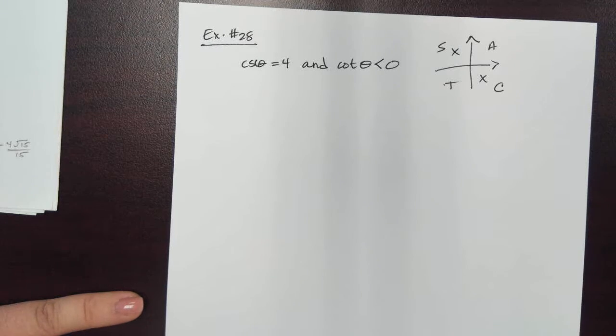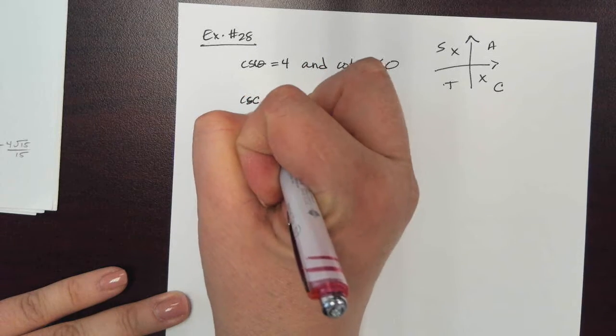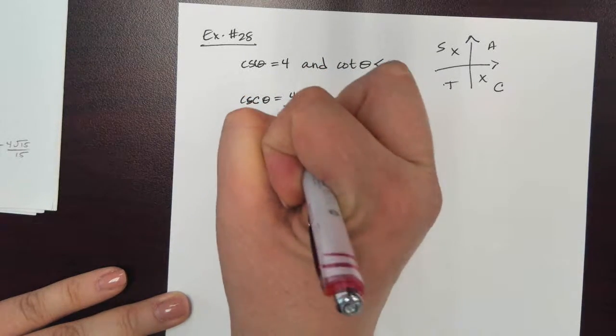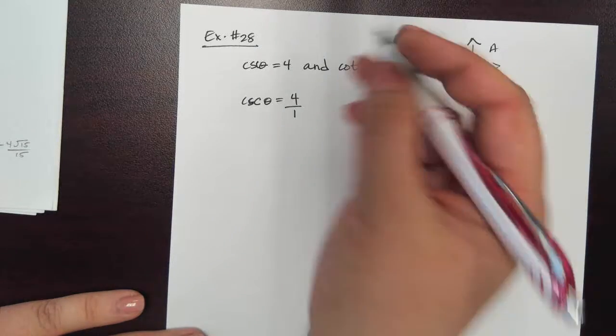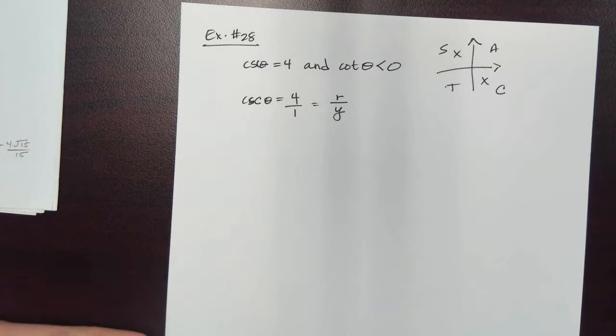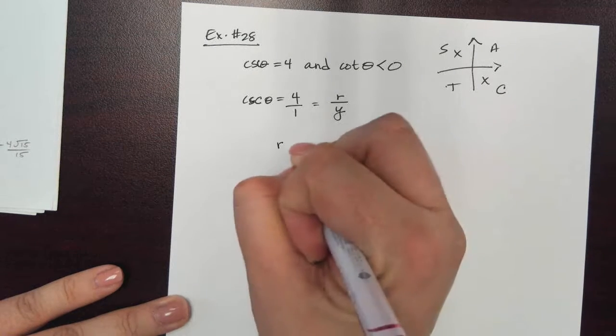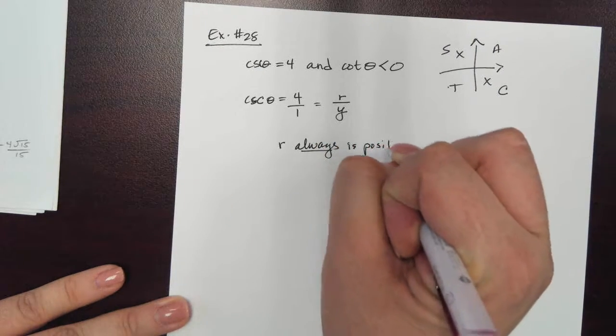Okay, so cosecant theta equals 4 over 1, and that is the same as r over y. R always is positive.